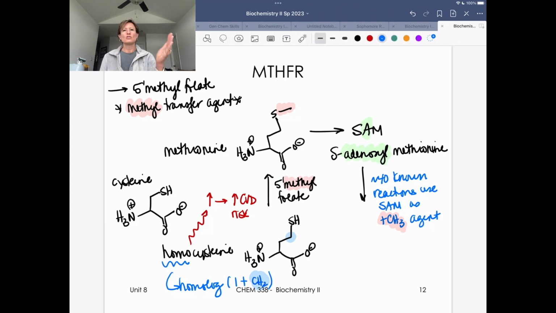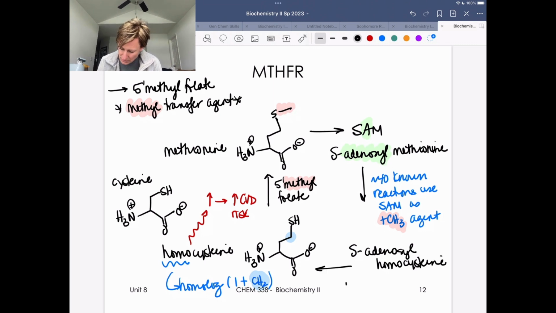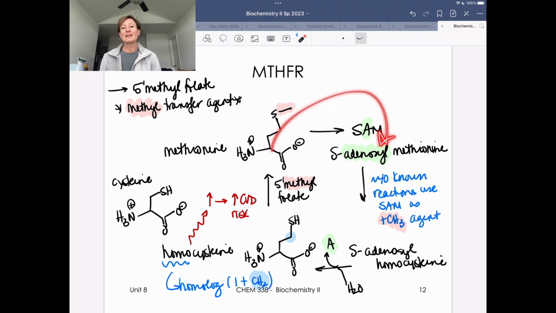Once SAM does its methylating job, you are going to be creating S-adenosyl homocysteine, and you can use a hydrolysis reaction to liberate off the adenosyl group, and then you're back with homocysteine. Okay, so that's sort of around the block, but identifying that methionine is a really important precursor to making another important biological methylating agent.